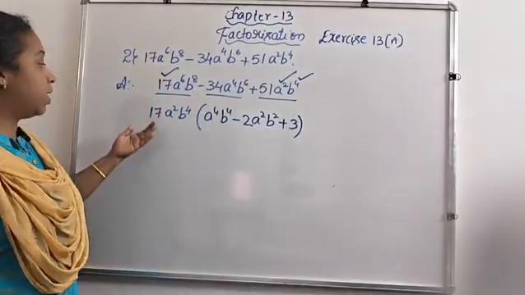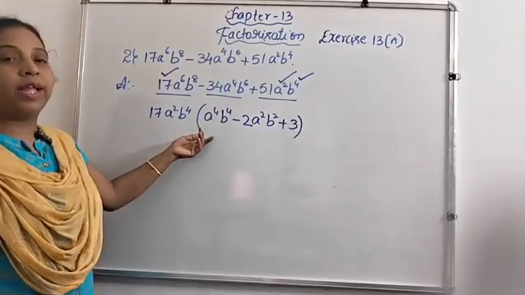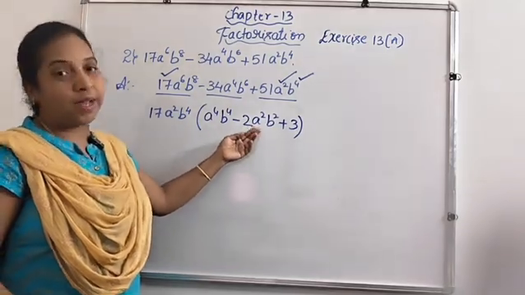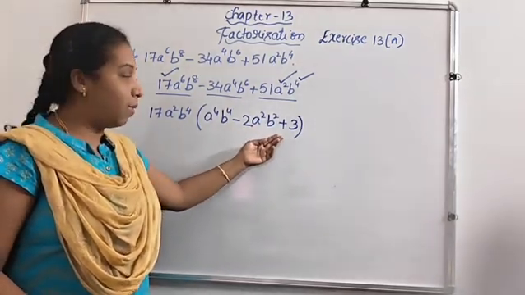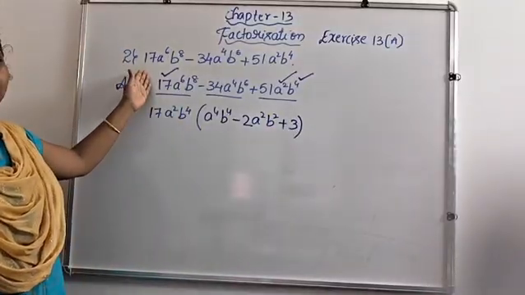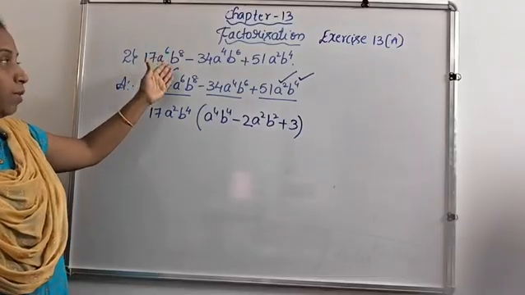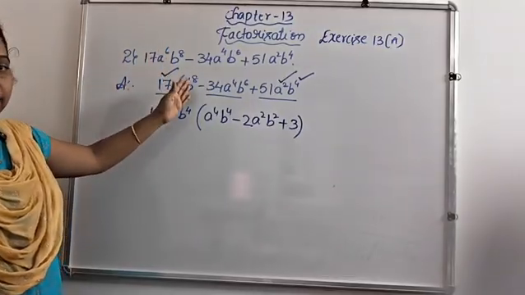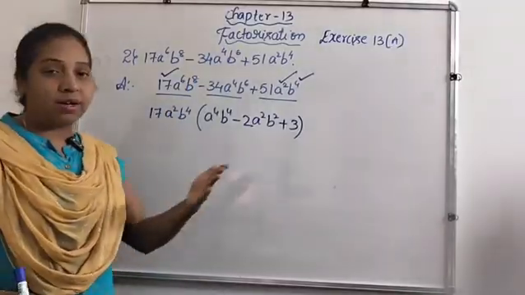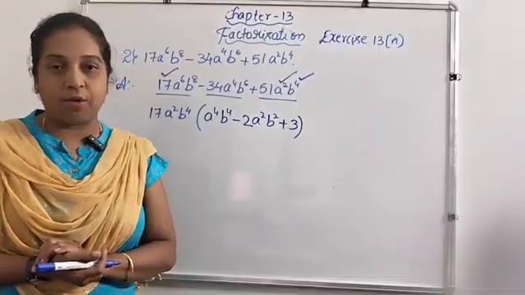That means 17 a square b to the power of 4 into (a to the power of 4 b to the power of 4 minus 2 a square b square plus 3) are the factors of the given expression, that is 17 a to the power of 6 b to the power of 8 minus 34 a to the power of 4 b to the power of 6 plus 51 a square b to the power of 4. Shall we go for the third question now?